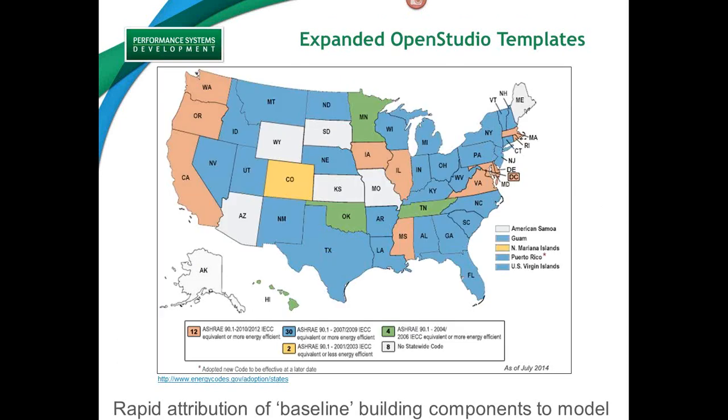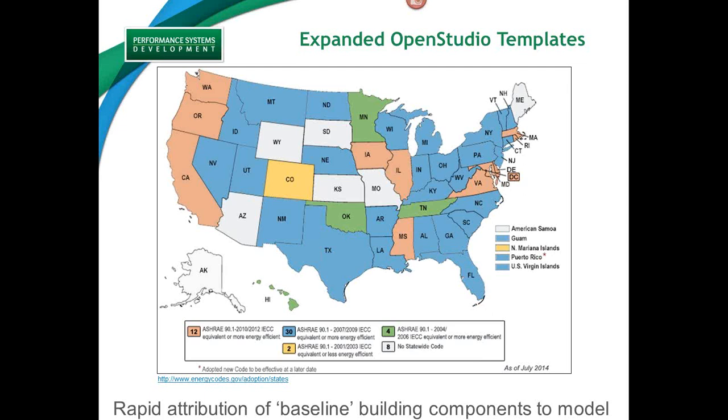What that's going to let us do is very quickly build a building form and fabric and start to assign these templates to our building form and fabric and very quickly build a baseline building, a compliance building, if you will. I threw up on this slide just a map. It was accurate as of July of 2014, which states use which code as far as its compliance code.